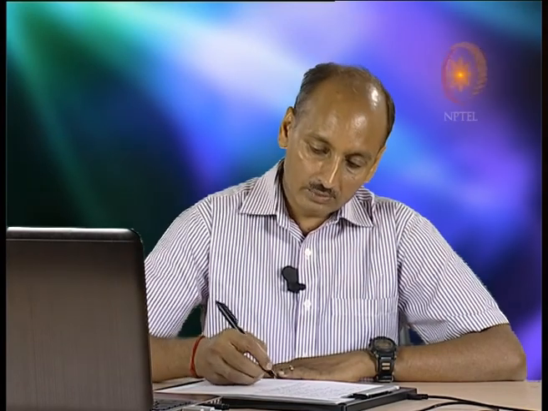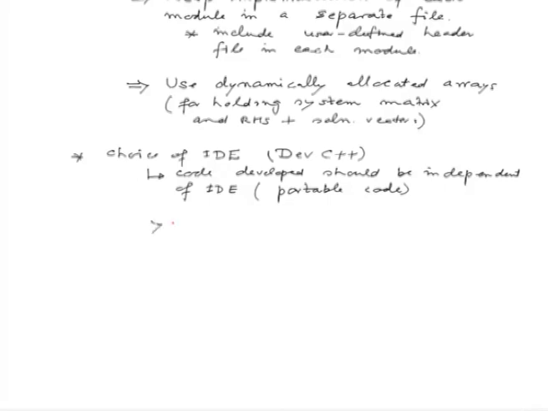So, that is why we are not going to use any IDE specific features. We will restrict ourselves to use of standard language features. In particular, we will restrict ourselves to ANSI standard C++.